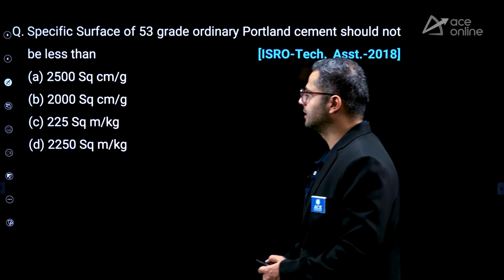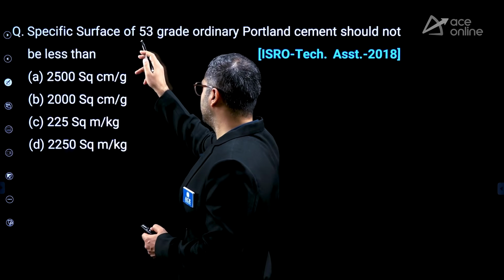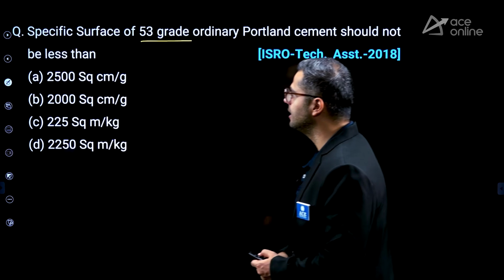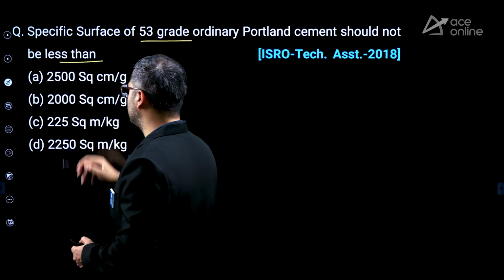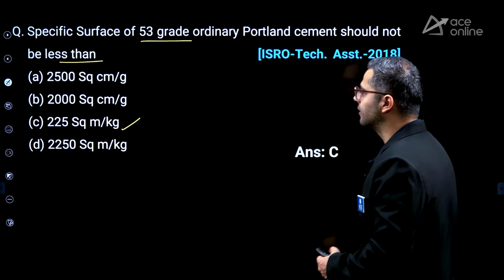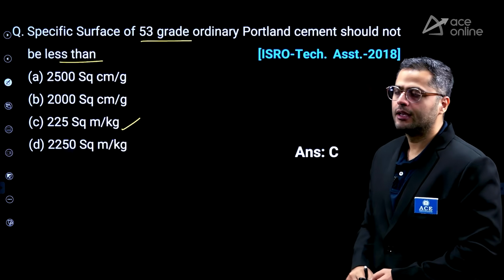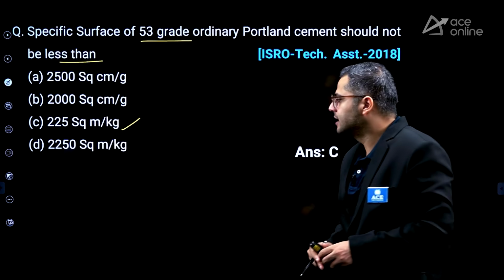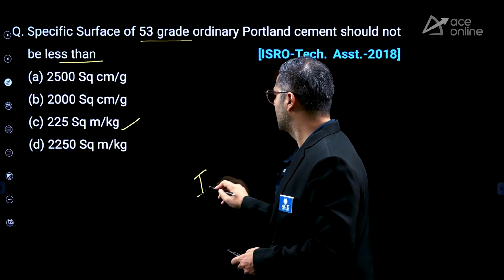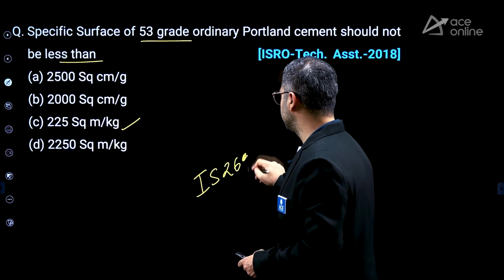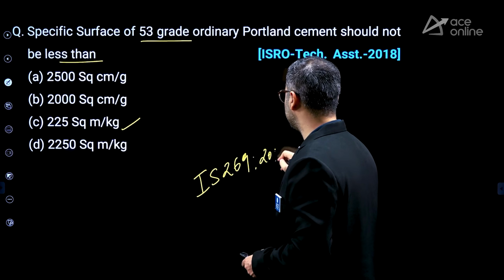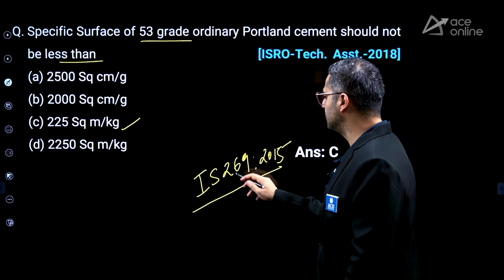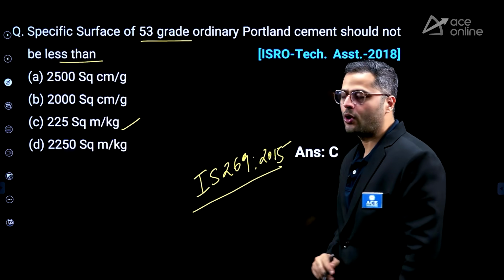Now, apart from that, here they are saying the specific surface area for 53 grade ordinary Portland cement should not be less than, so it should not be less than 225 meter square per kg. Now, over here, the IS code which you need to refer to is IS 269, and that is 2015. This code is for ordinary Portland cement.